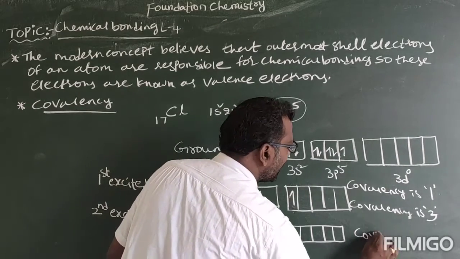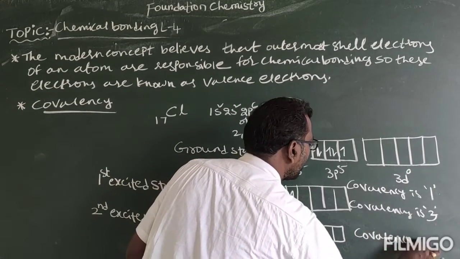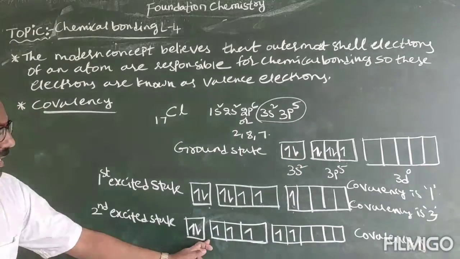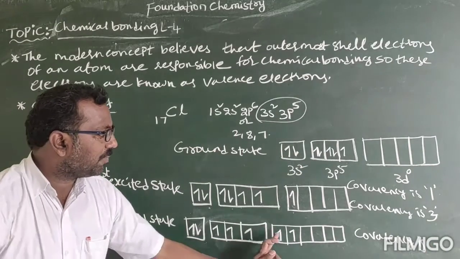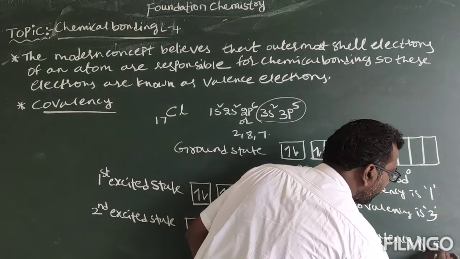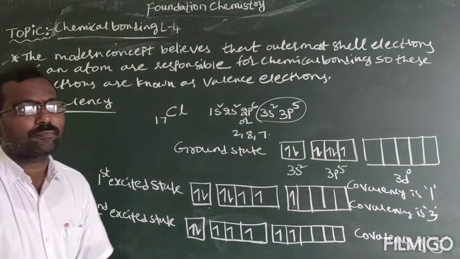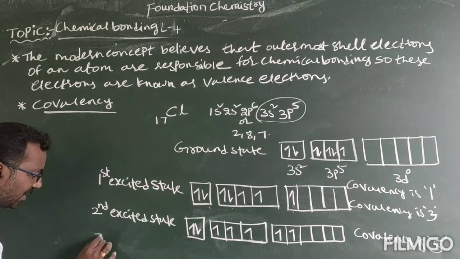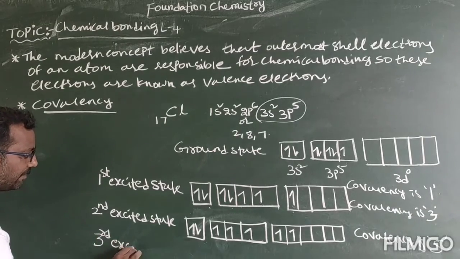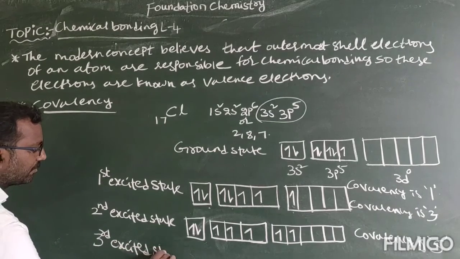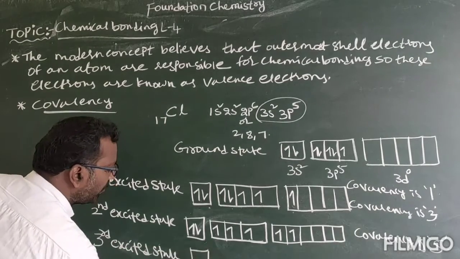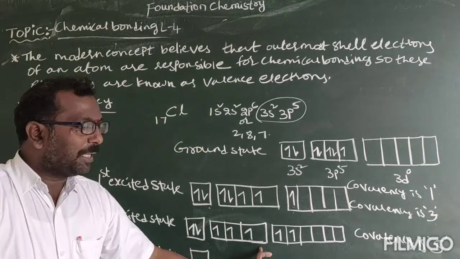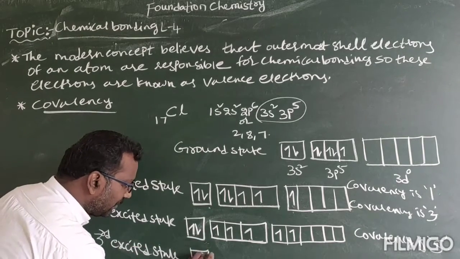Now the covalency is how much? How many are unpaired? 1, 2, 3, 4, 5. Next, the third excited state. All are completed, so this has to break now.